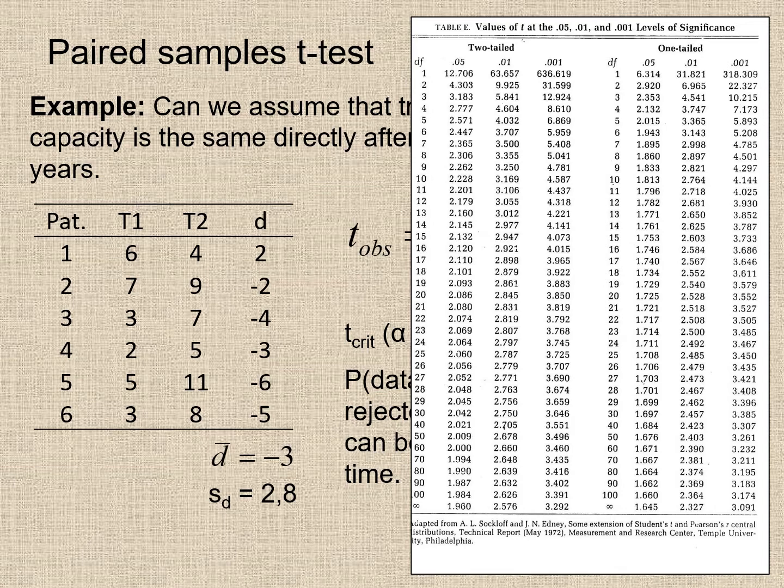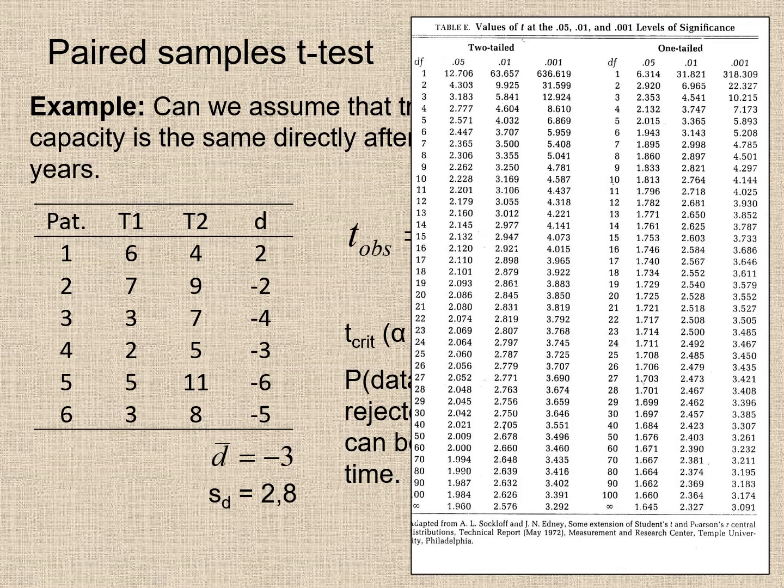So if the population mean, for instance, would be a value of 0, we expect with 95% probability that samples drawn from that population will have a sample mean that is within 2.57 standard errors from 0.